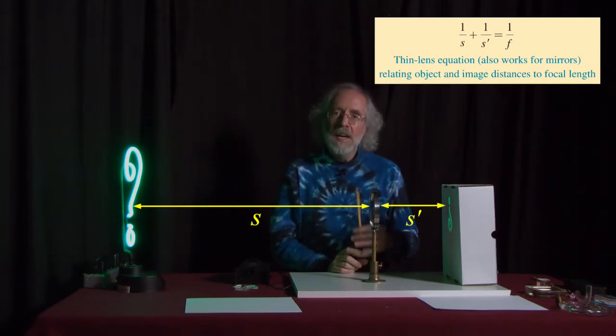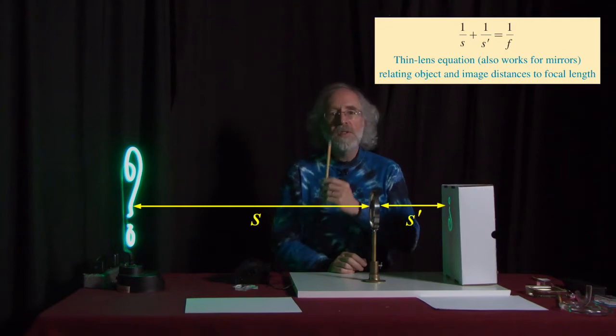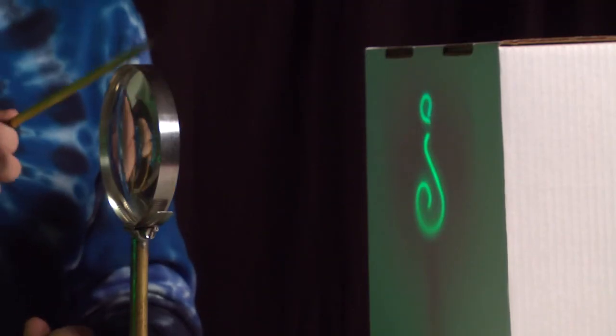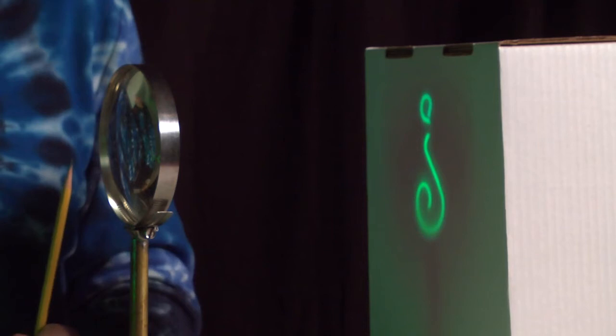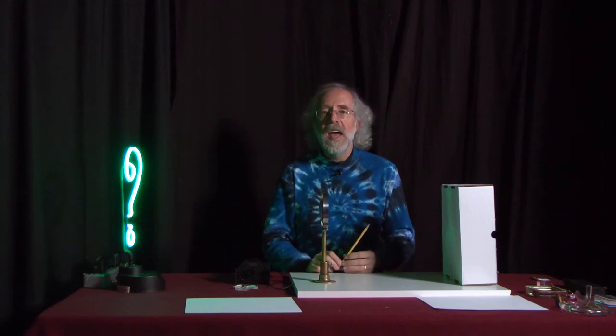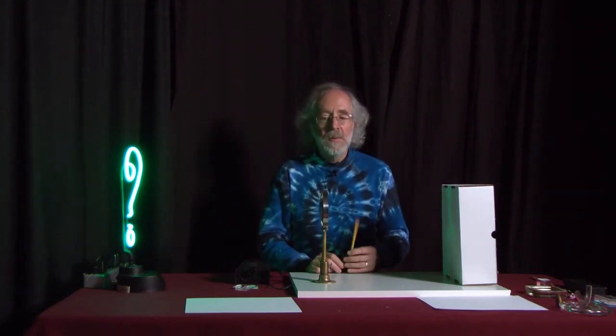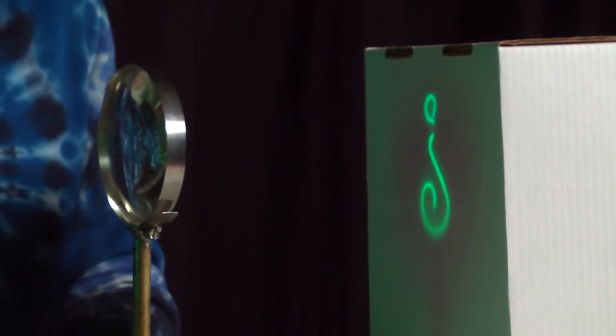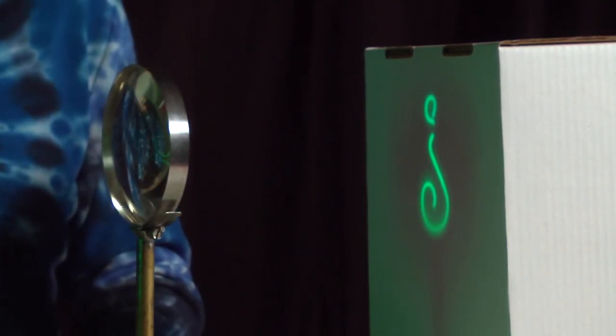And I only get a crisp image when those 3 variables are matched. Now the focal point of the lens is fixed. So if I take the lens and move it to a different place, the relationship that held true between S and S prime doesn't hold anymore. And so my image is not in focus. There's only one position that will make it work.